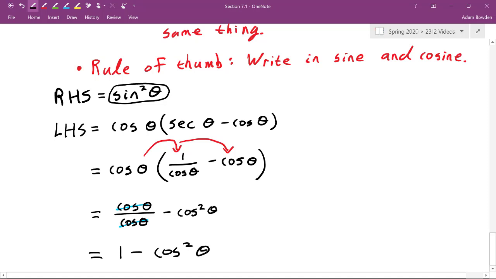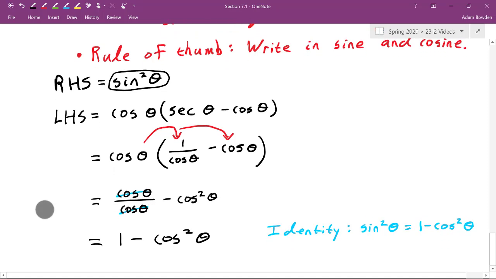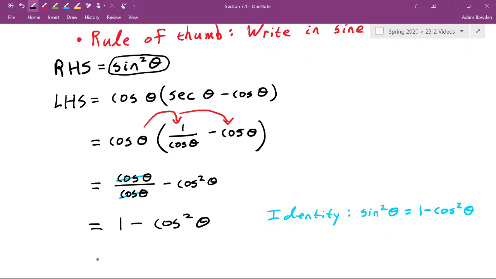If we look at the example from when we were simplifying, I mentioned that we had an identity that says that sine squared theta is equal to 1 minus cosine squared theta. So what that means is this is equal to just sine squared theta.